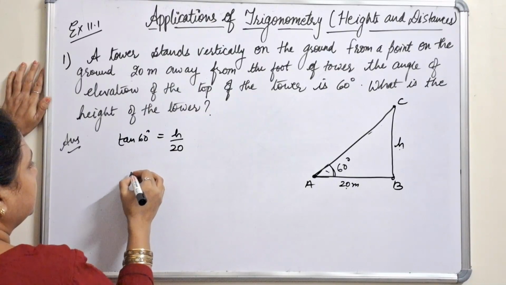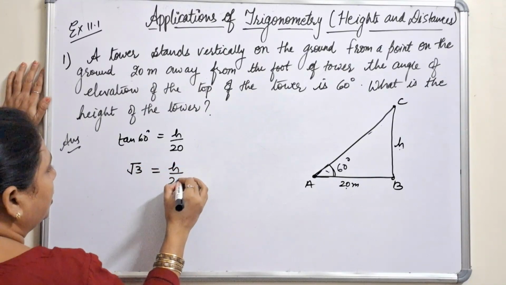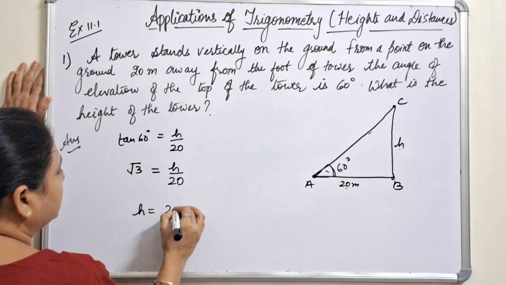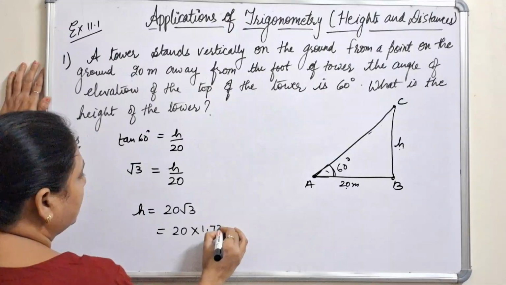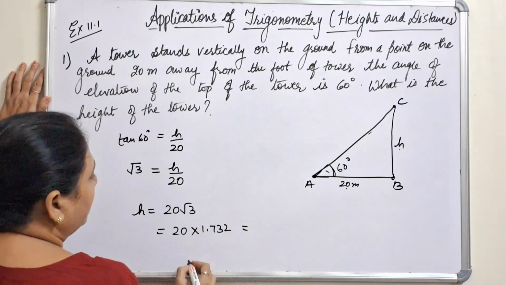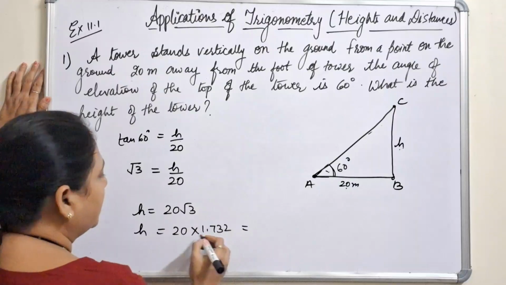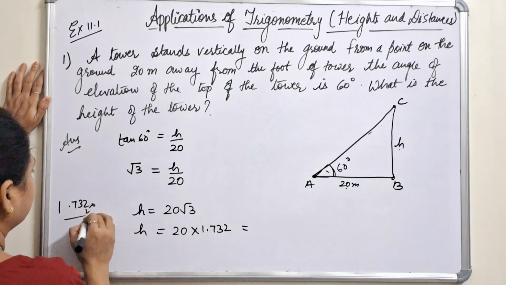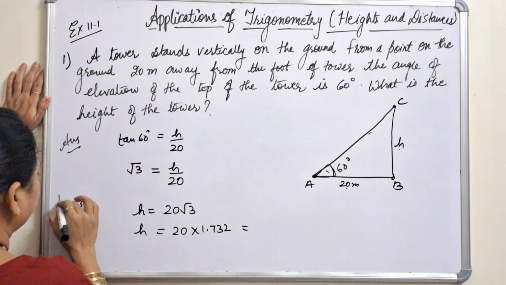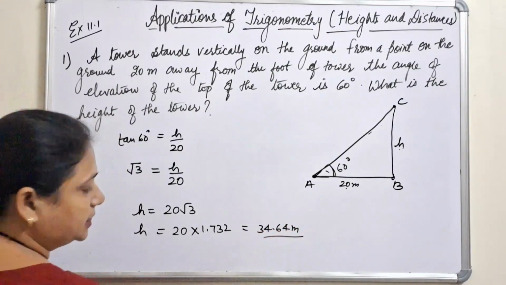Tan 60 is root 3, so the value of h is 20 root 3. You can substitute the value or leave it as 20 root 3. So the answer will be 34.64 meter.